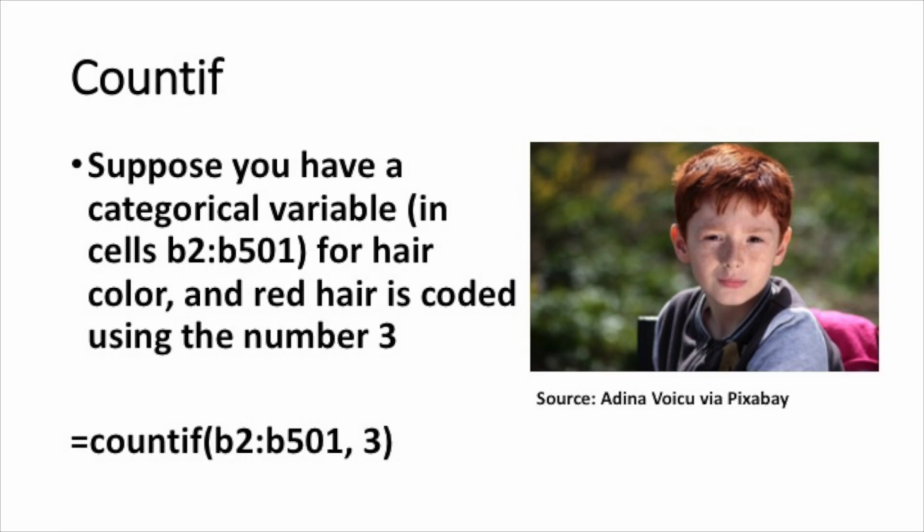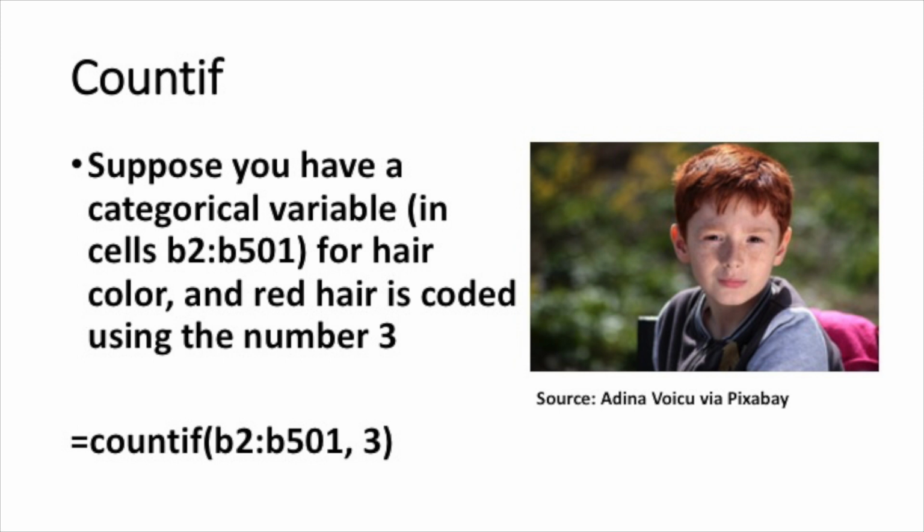And if red hair is coded in the data set using the number 3, you could count the number of observations that are equal to 3. So let's say you have a hair color variable in column B, and you have 500 observations, with data between B2 and B501.